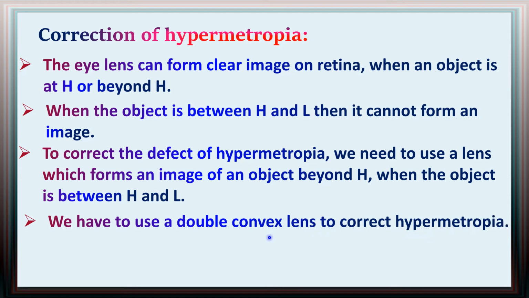In correcting the myopia, we have used the concave lens. Here we have to use a double convex lens in order to correct hypermetropia, and this double convex lens will form the images of the objects between H and L, and their images will be formed at H or beyond H. Then the eye lens will form the final image on the retina.